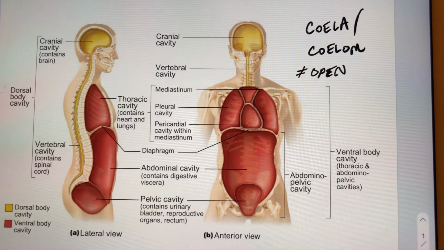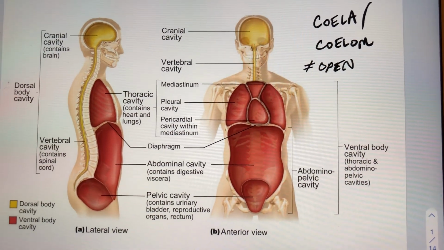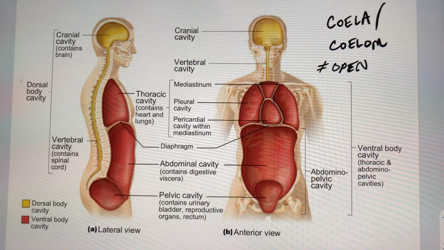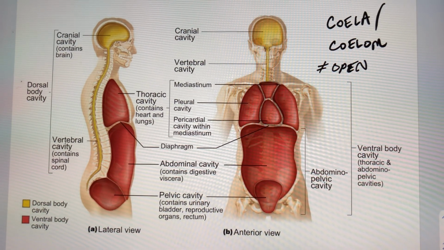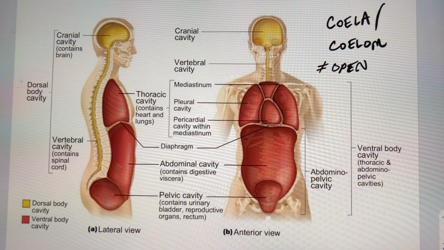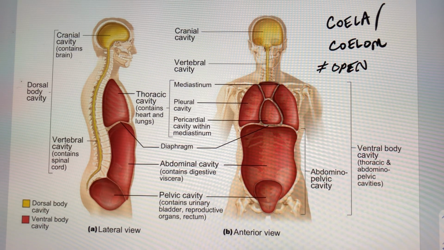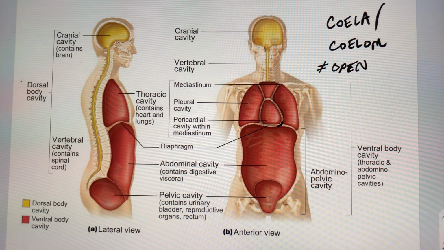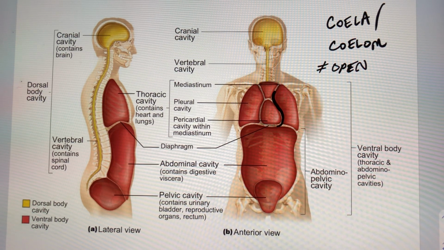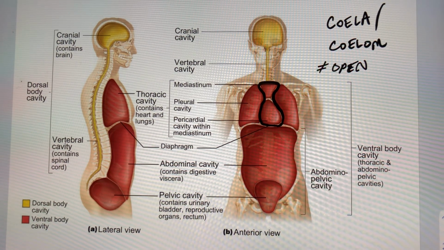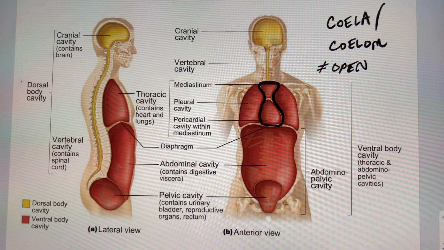Anywho, this slide 2, this image really shows us the chief coela in the human body, and the mediastinum is kind of poorly represented here, because in actuality, the mediastinum is sort of an hourglass or a figure 8 that sits between the lungs and therefore between the pleural cavities, okay?